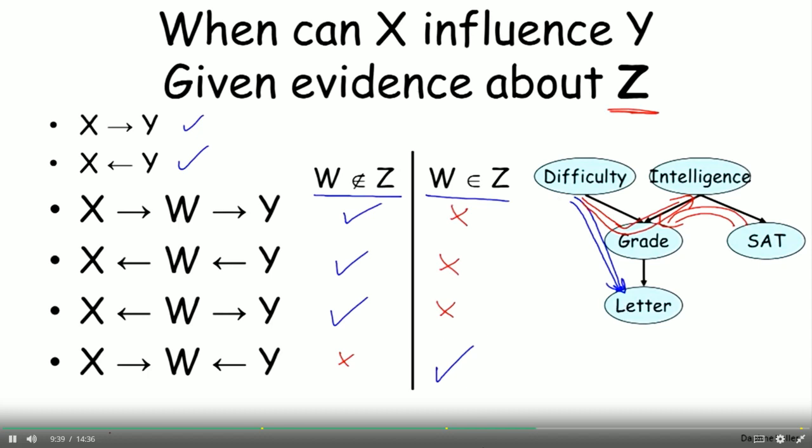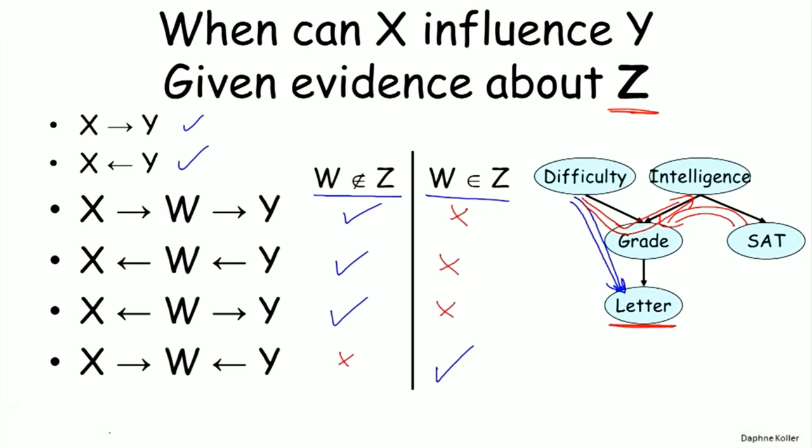But this is not quite right, because what happens if I don't observe grade, but I actually observe letter? I don't observe the grade directly, but I observe something that gives me a strong indication of what value the grade took. In this case, this too activates the V structure.